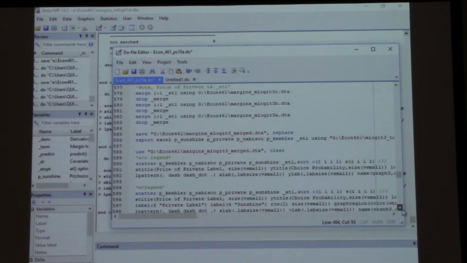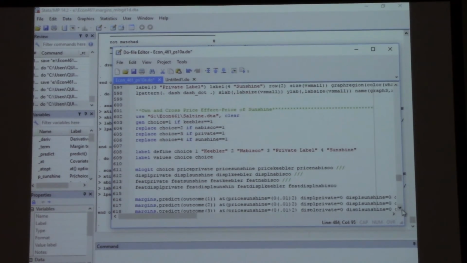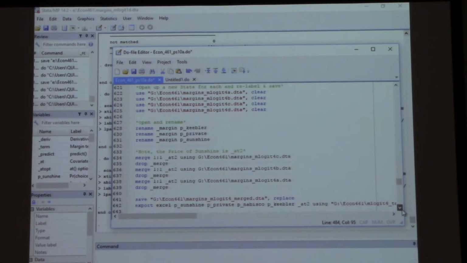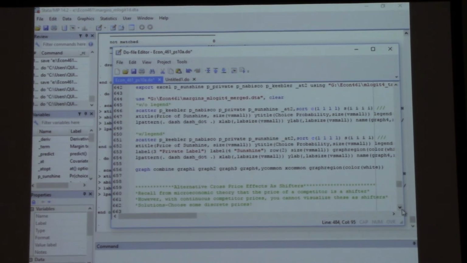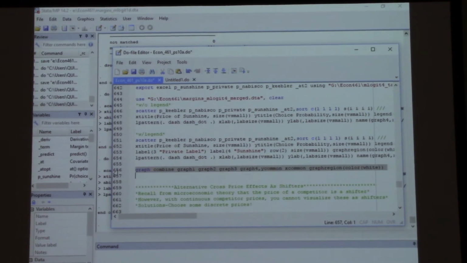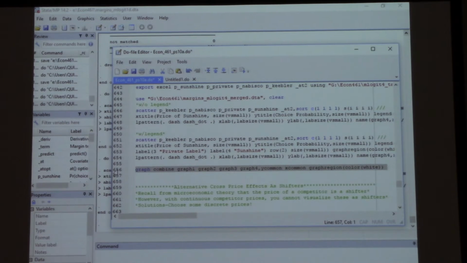Graph combine is the least of our problems. When we're done with the final one, yeah, so here's graph combine. That's it, combine 1, 2, 3, and 4.